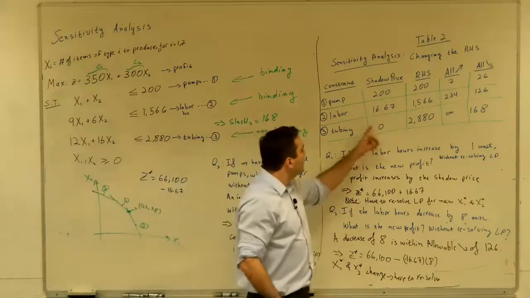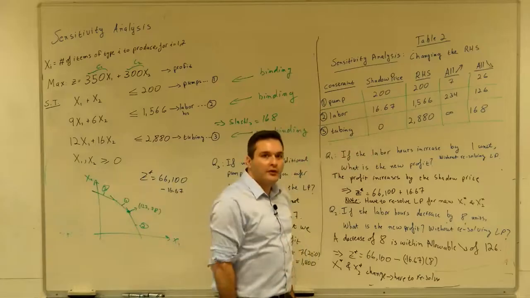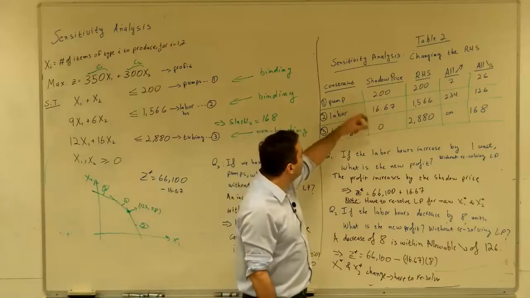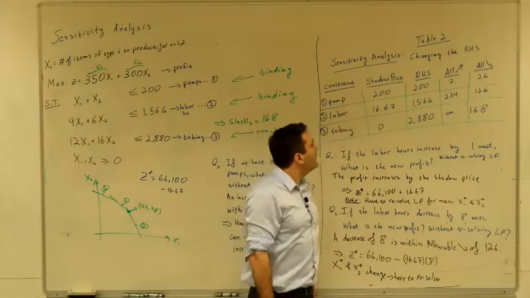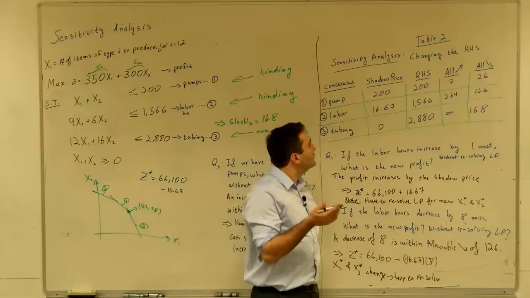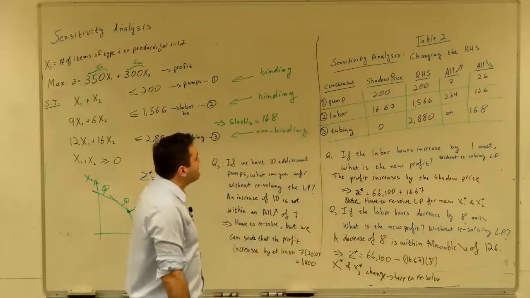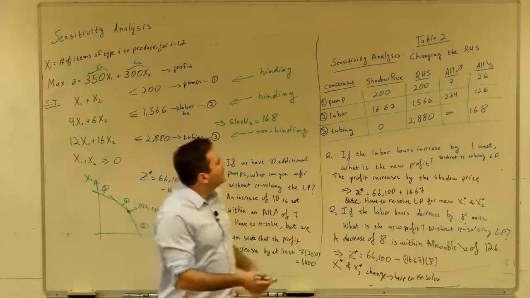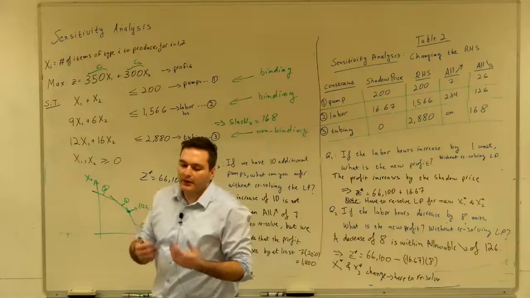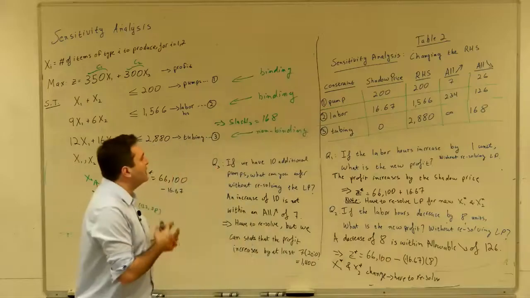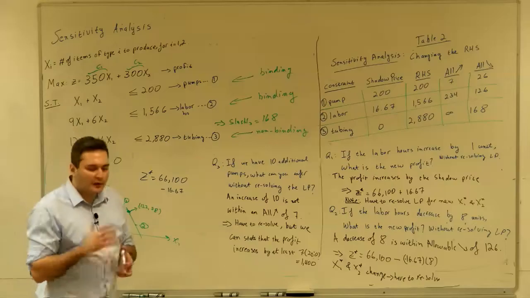So it should make sense that the shadow price of the non-binding constraint is 0. But recall that the slack of the binding constraints was 0, and the shadow price of the binding constraints is positive. And the allowable increase is infinity because it doesn't matter how many extra feet of tubing I have, my optimal solution will not change.